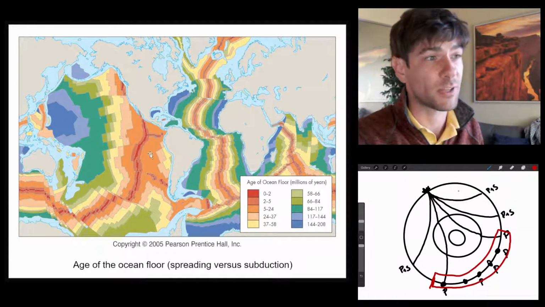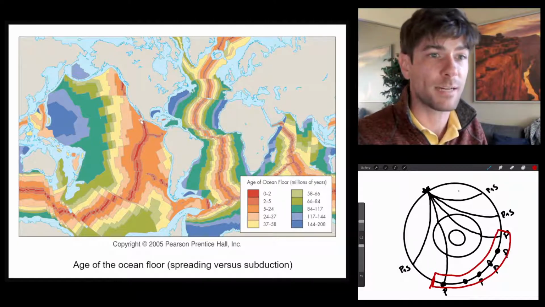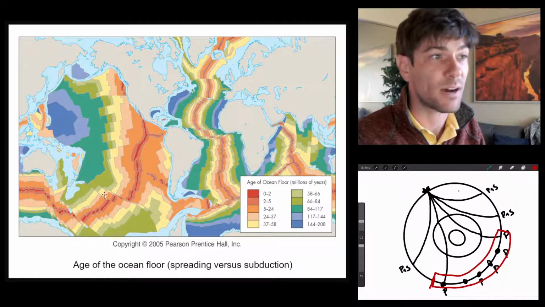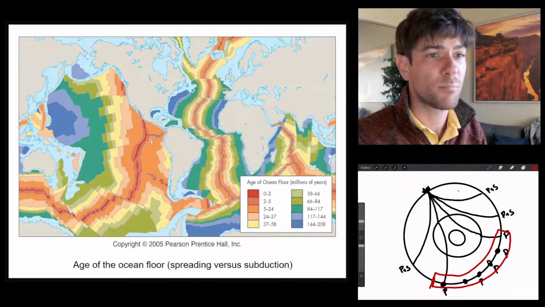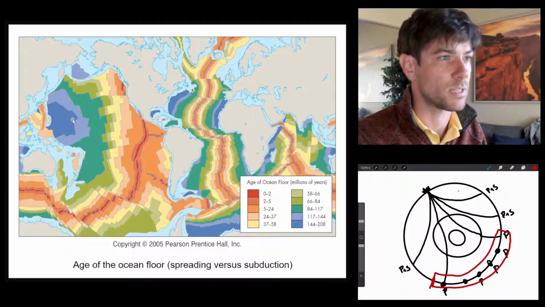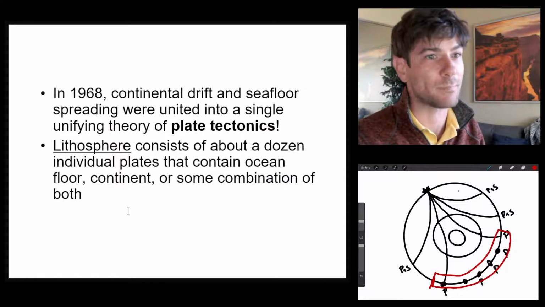If you look at the bathymetry, the depth of the ocean all around, you find that over these mid-ocean ridges, the ocean depth is something like 3,000 meters. But out here in these older, colder, denser ocean crusts, they sit about 5,000 meters below sea level. And that's just because of density and buoyancy. See, repeating concepts. All right.